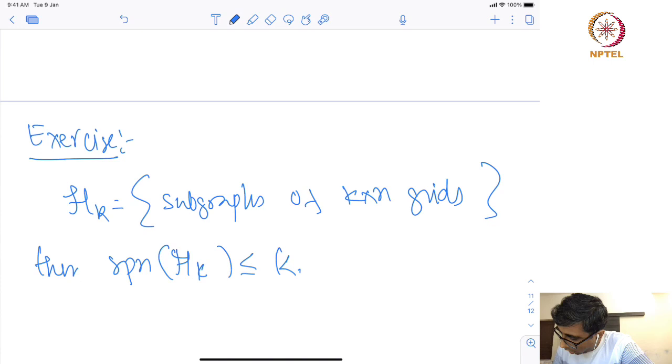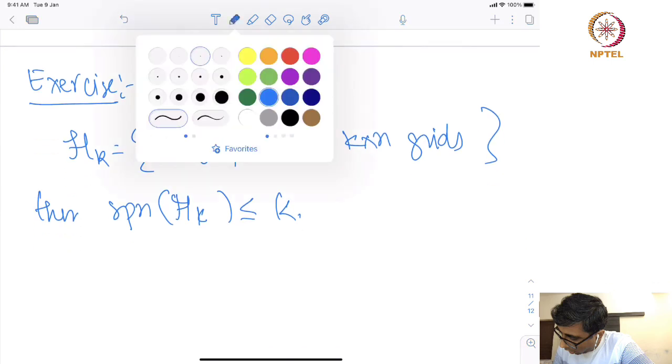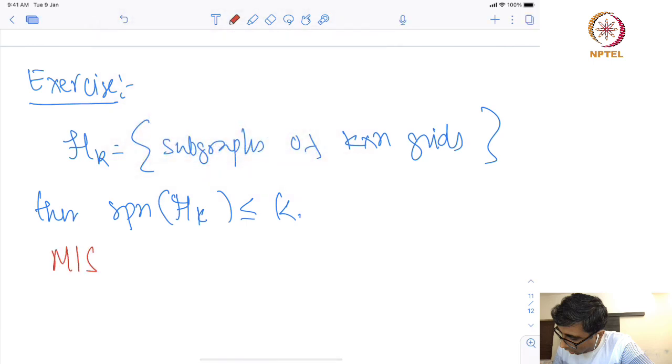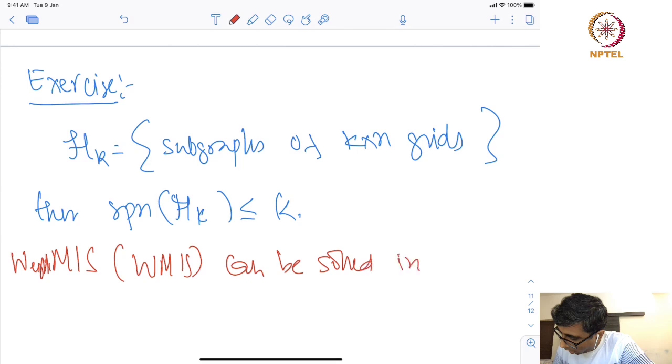We have shown that maximum independent set, in fact weighted MIS, let us call it WMIS, can be solved in time n to the power big O of k on H_k, because there was nothing we used about the grid.